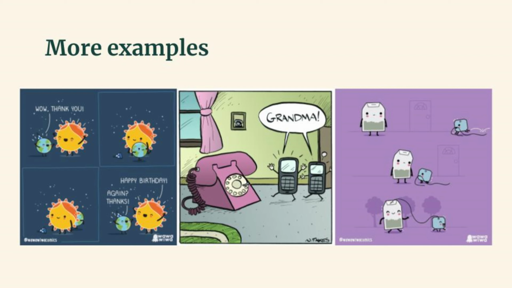It's very simple, but there's a bit of humor to it. And then for the last one, the artist thought about a tea bag and the label on the tea bag as an owner and its pet, and the string that attaches them is the leash. So that is a very interesting perspective.